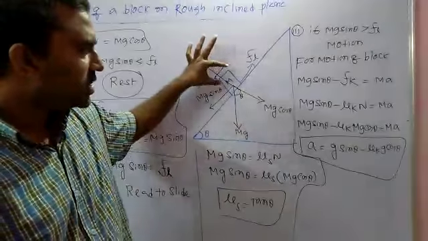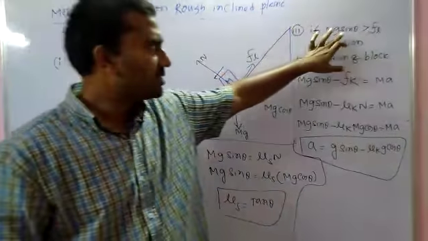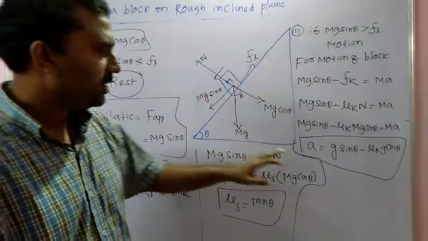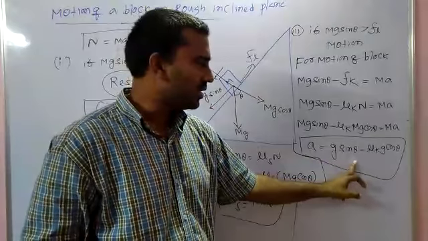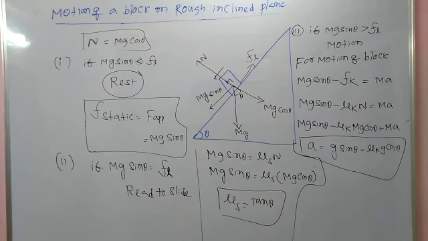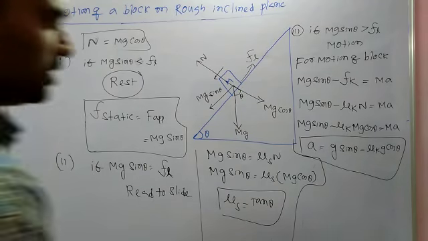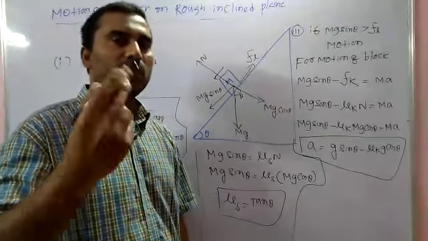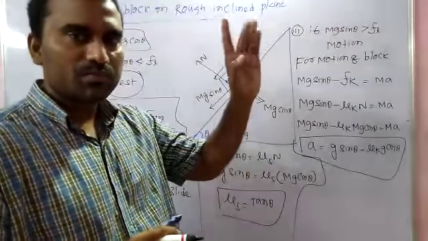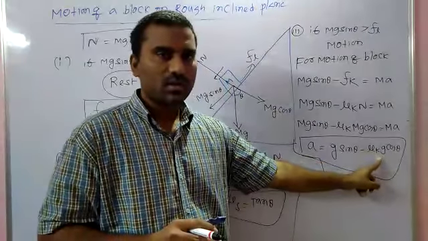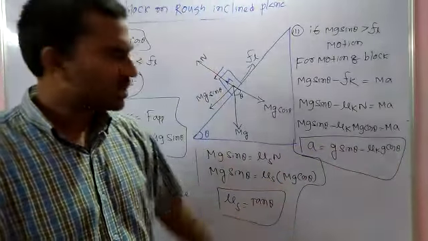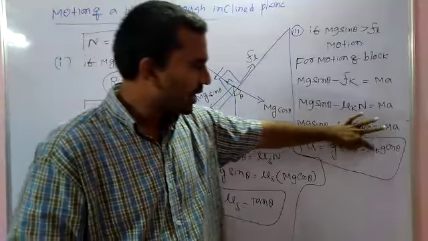If mg sin theta is greater than friction, the acceleration of the block is g sin theta minus mu k g cos theta.